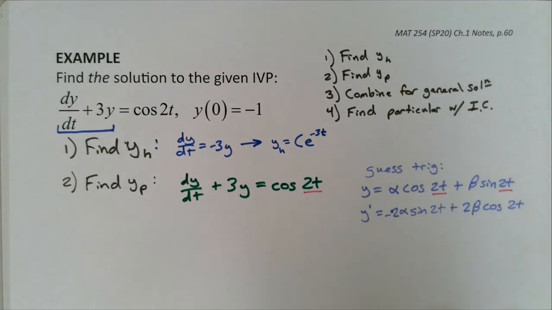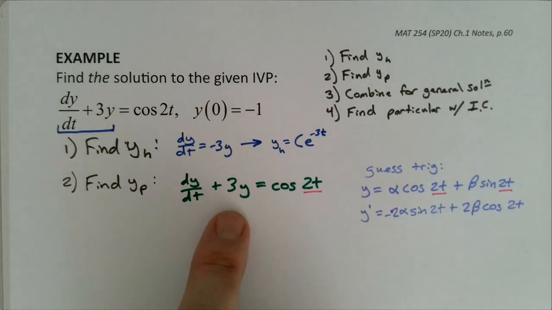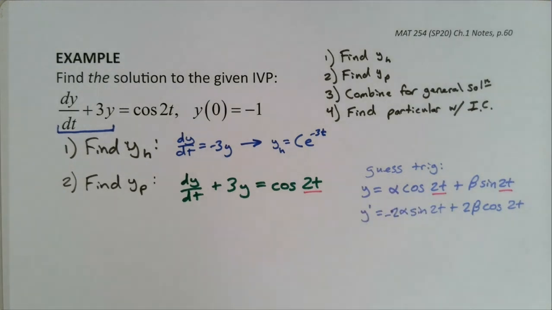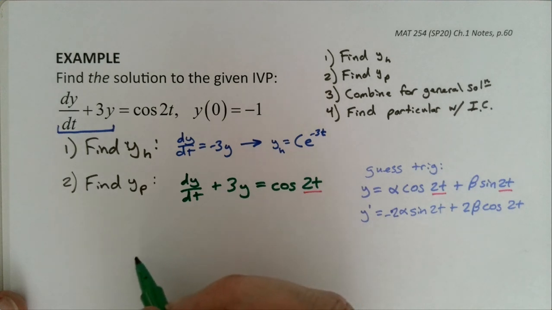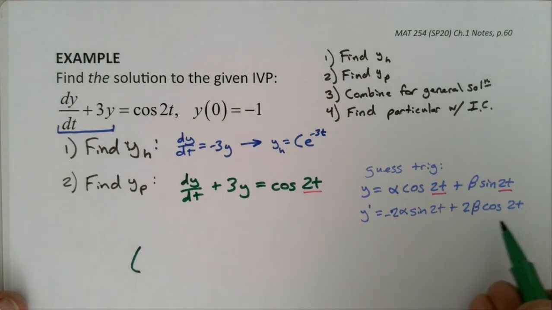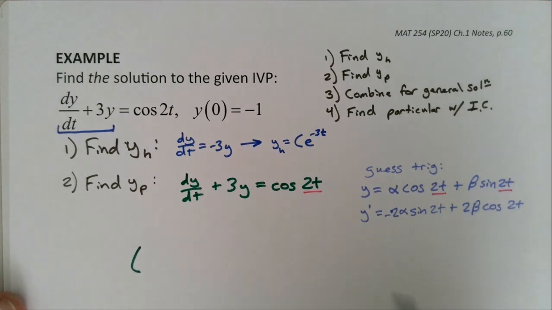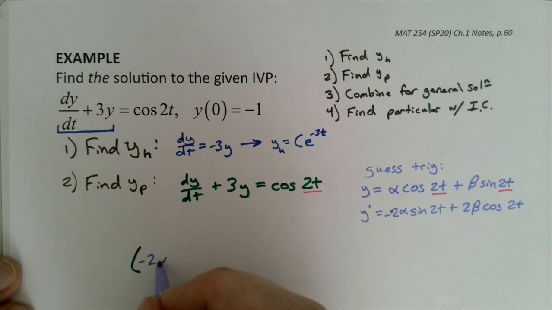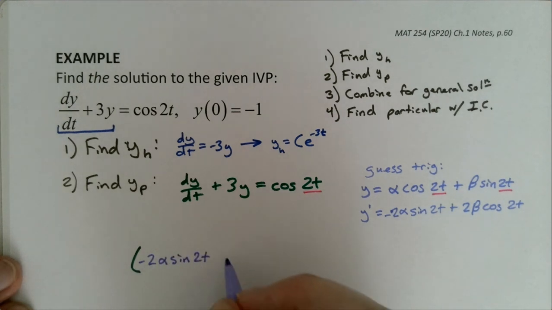So what I'm going to do now is take this differential equation and sub in my guess. I'm going to plug in my guess to see what's going on. I'm going to have to give myself some room here. I'm going to start by writing my derivative, which I know is this right here: negative 2 alpha sine of 2t plus 2 beta cosine of 2t.